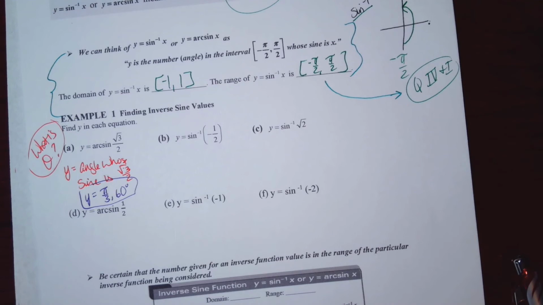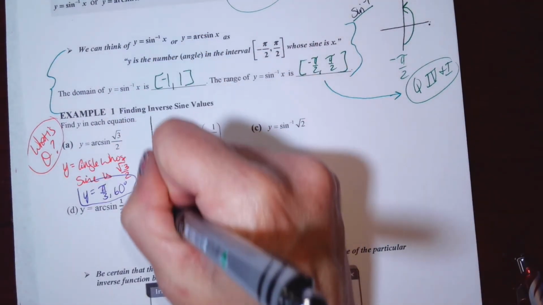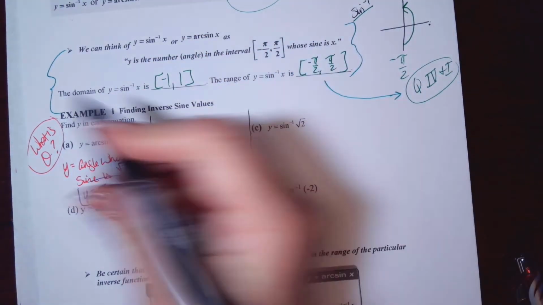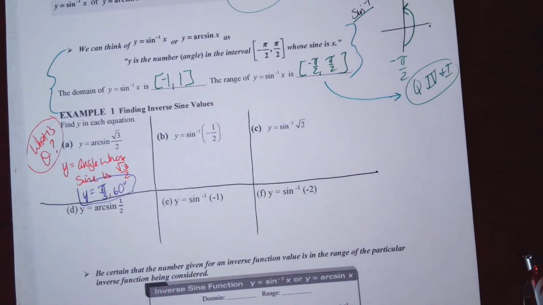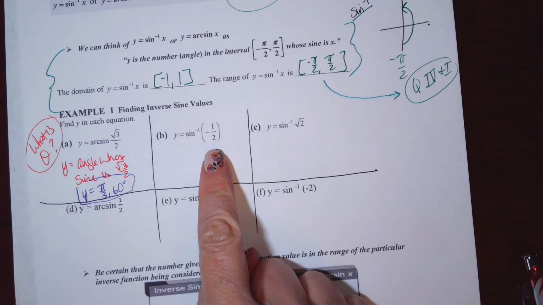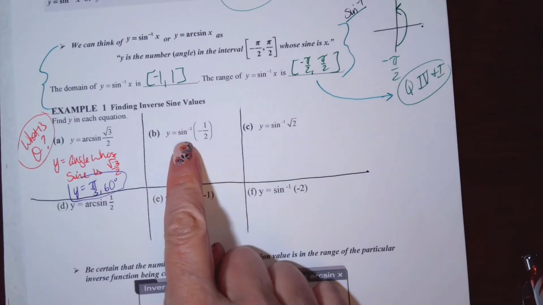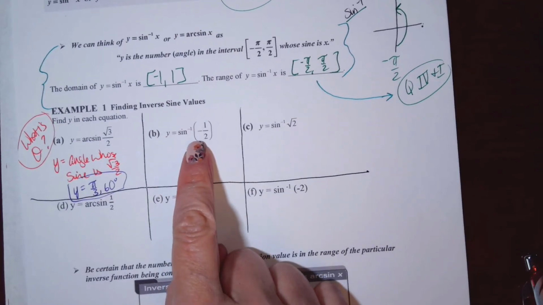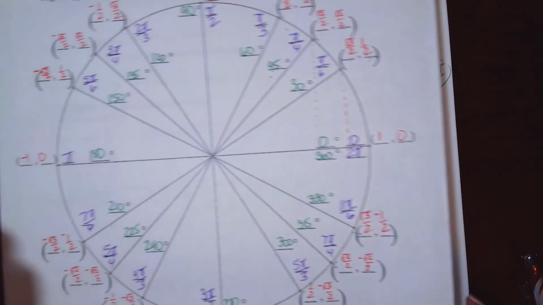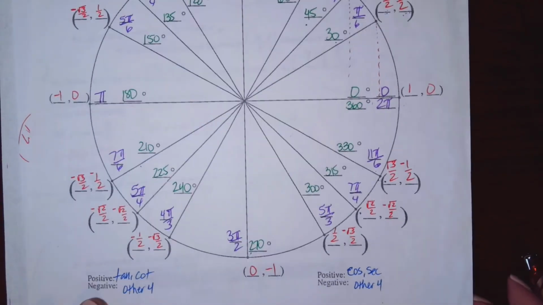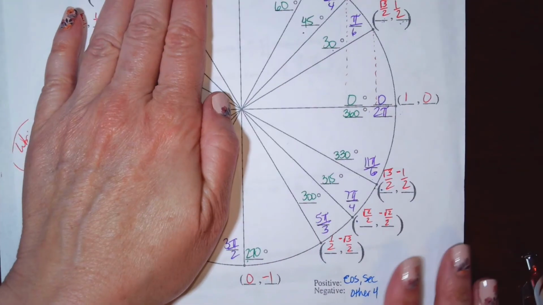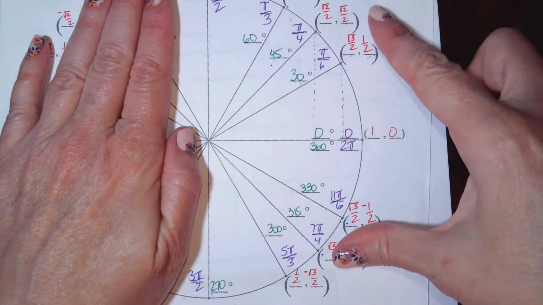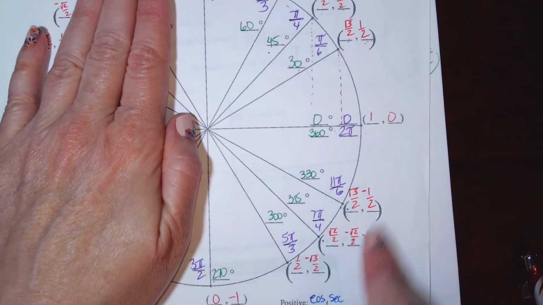Okay, so let me divvy these up so that I don't end up running out of space. Okay, sine inverse of negative 1/2. That means I'm given a function value, I'm looking for an angle. Sine function values are negative in quadrants 3 and 4, but sine inverse we restrict to these two quadrants, which means I'm in quadrant 4.